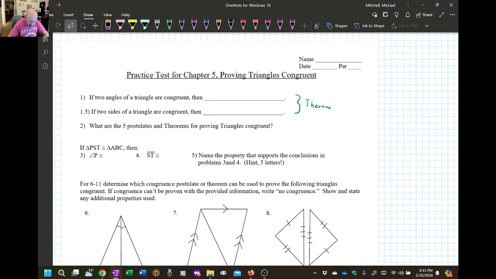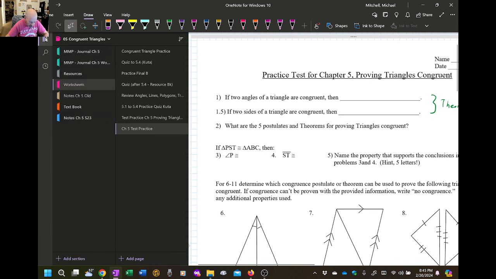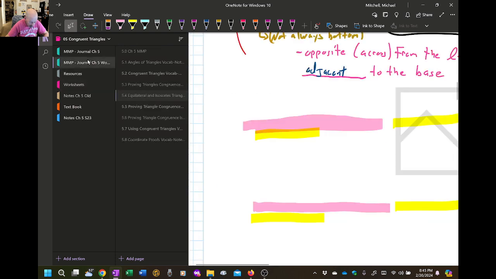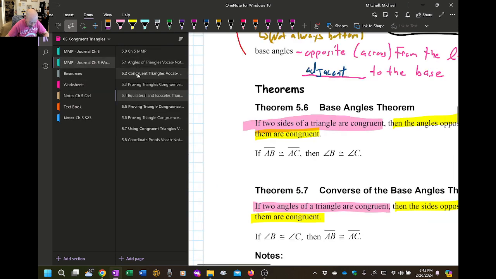Postulates for proving triangles congruent. Again, you've got all that in those journals. Great idea to put those into your notes. So let's take a look.